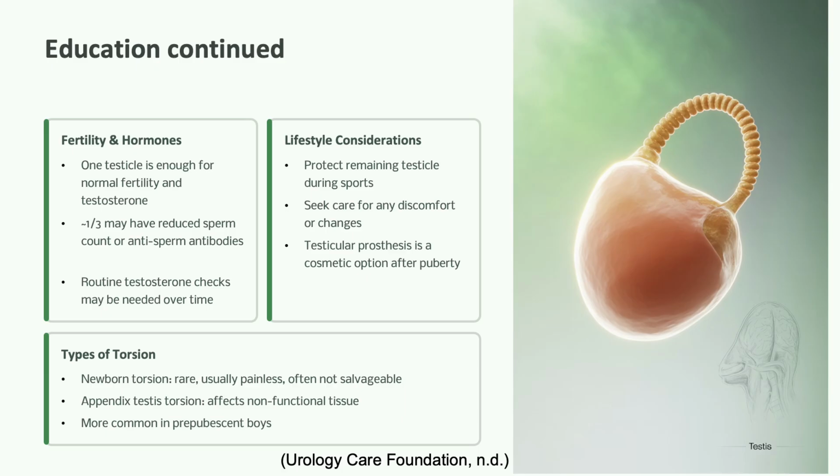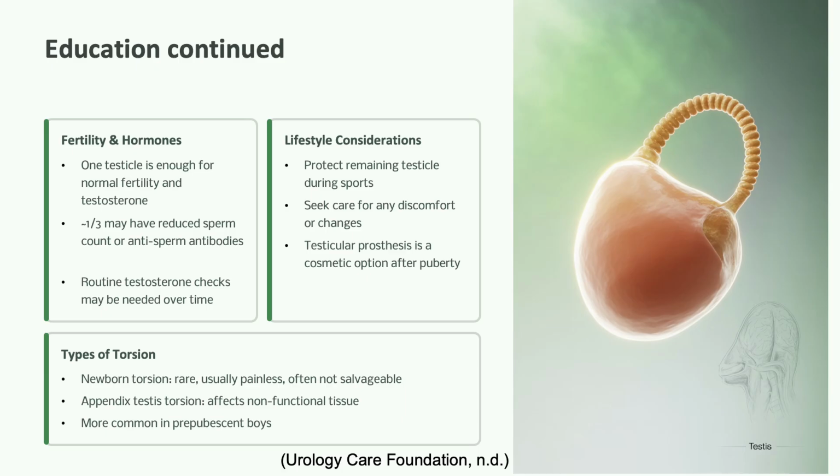Routine testosterone checks may be needed over time. Lifestyle considerations would be to protect the remaining testicle during sports, and seek care for any discomfort or changes. Testicular prosthesis is a cosmetic option after puberty.